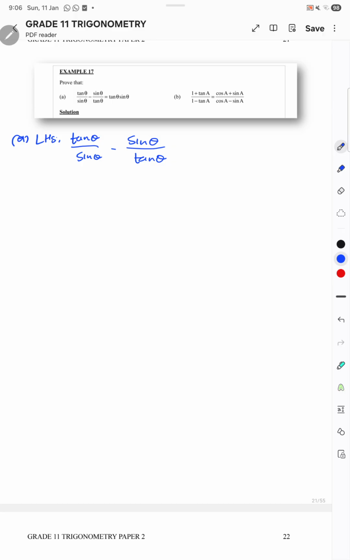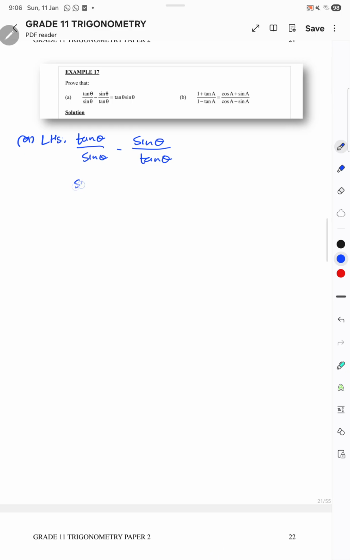The only thing that I can do here first is to change my tan. So this will then be sine theta over cos theta divided by sine theta. I said avoid doing double division. Minus sine theta divided by sine theta over cos theta.